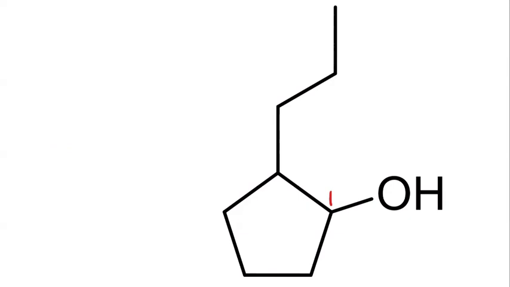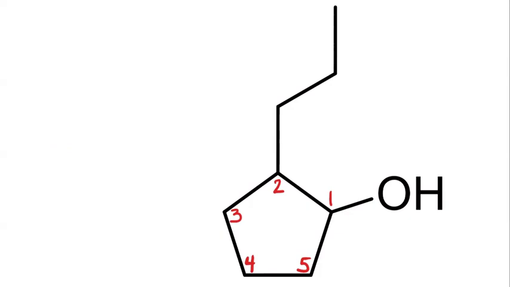In this example, we must number the cyclic system counterclockwise. So this is position 2, this is position 3, this is position 4, this is position 5, to give that substituent the lowest number.